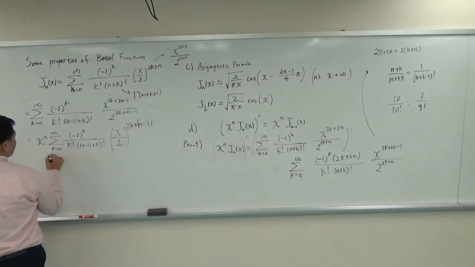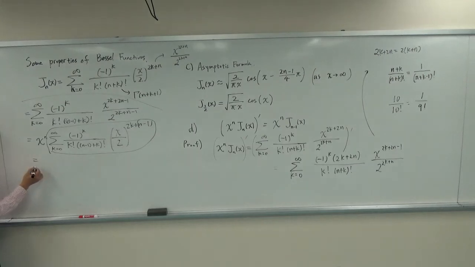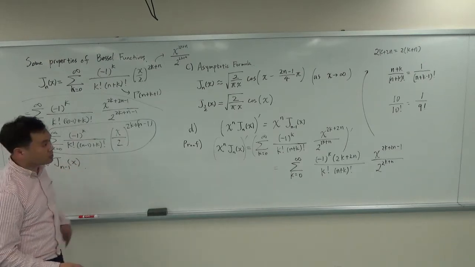So what is this equal to? It's x to the n power J n minus 1 x. Done.